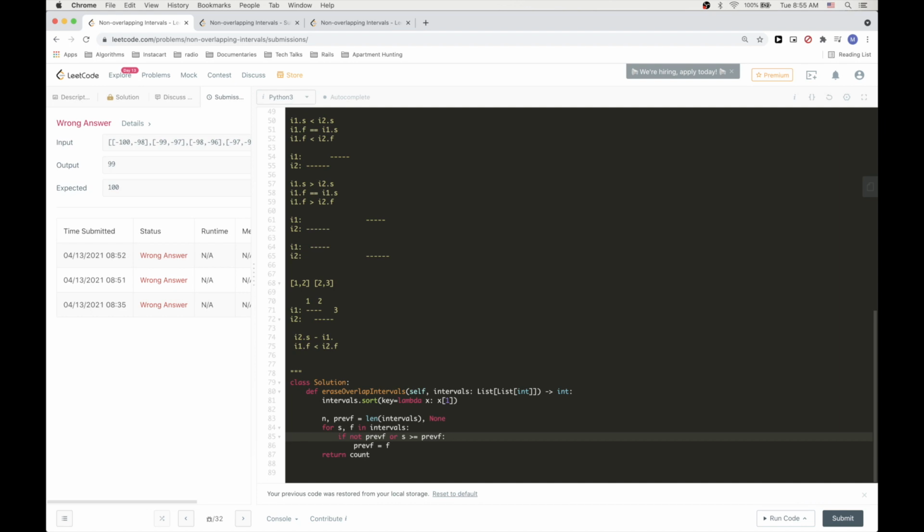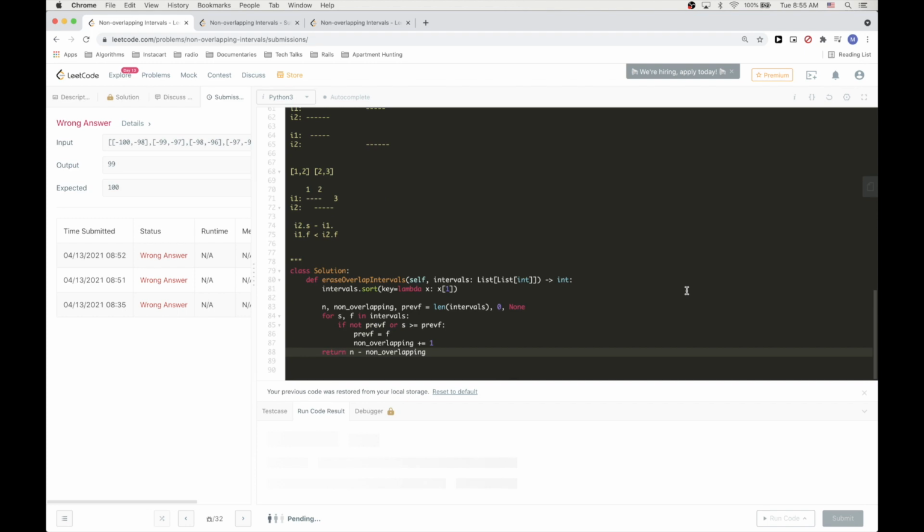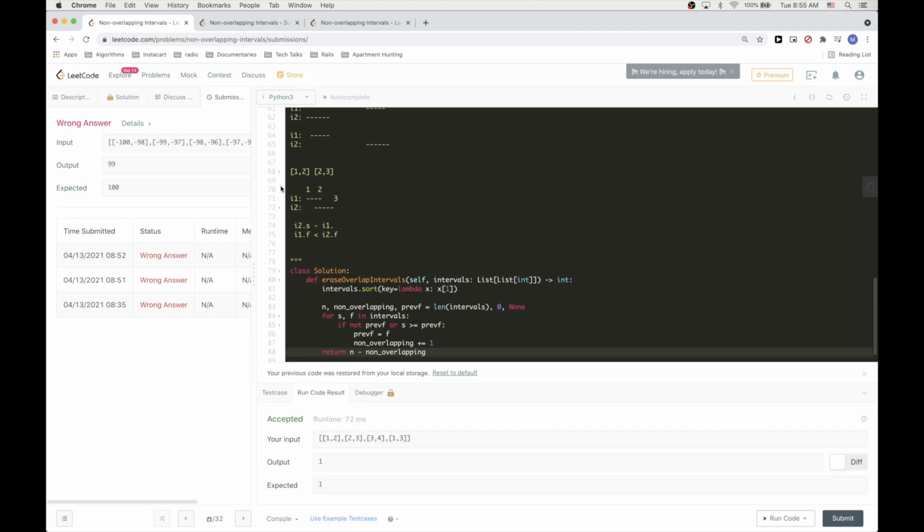And then the count now is the count of the non-overlapping. So non-overlapping here would be 0. And then we can say, okay, non-overlapping plus 1, and then here minus non-overlapping.